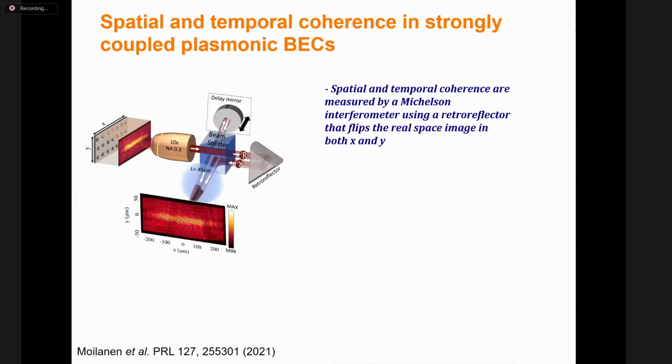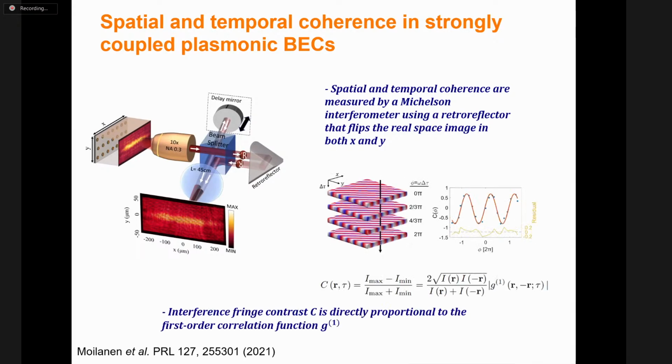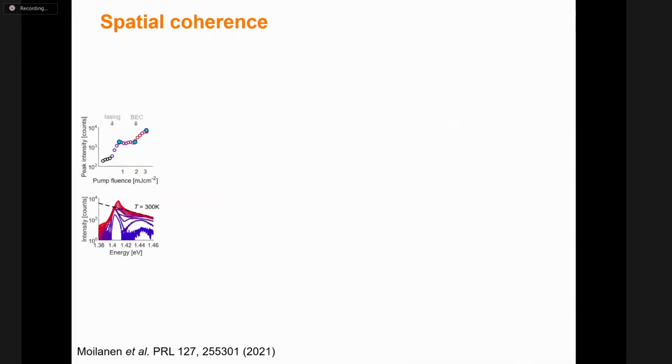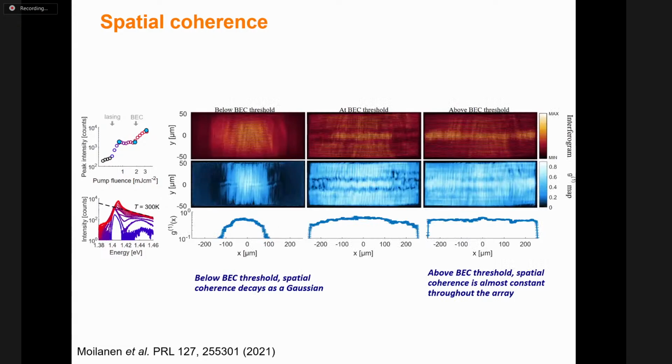So we measured this G1 function using the conventional method of a Michelson interferometer using a retroreflector. Here, the contrast of the interference fringes can be directly connected to the G1 function. In this case, where we have two thresholds, the first corresponding to polariton lasing and the second to BEC, we are now exploring the region around the second threshold, the condensation threshold.